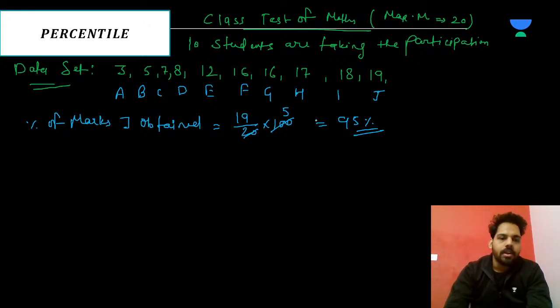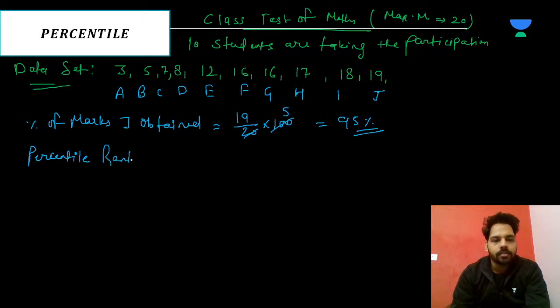Now if I say, what is the percentile ranking of J? In this case, you must know at what place he is going to come. Total students are 10.